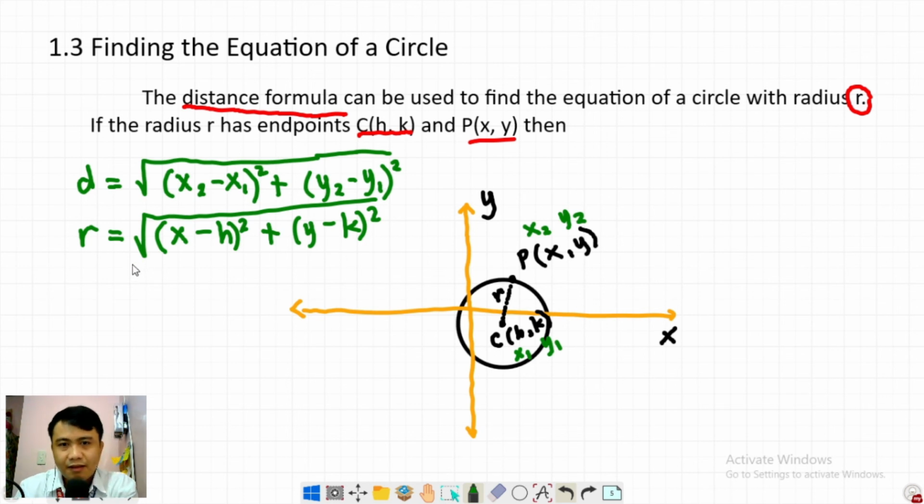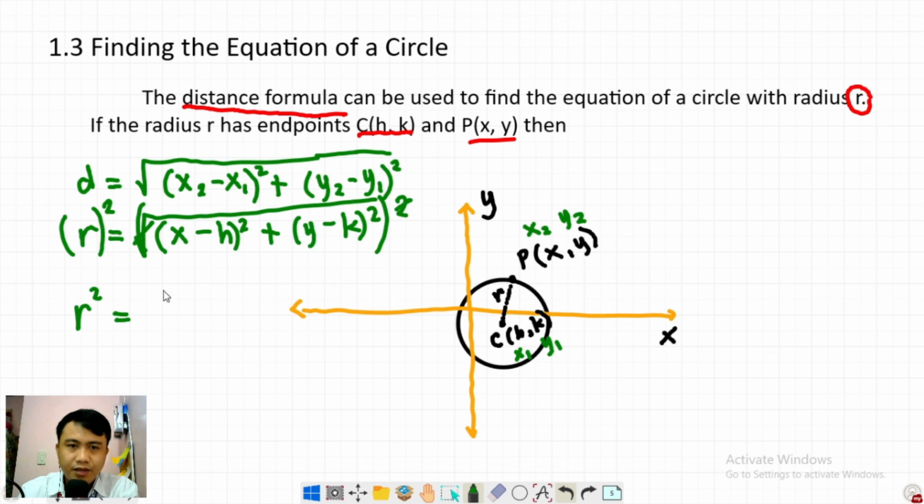So we have here this resulting equation, but mas maganda kung ayusin natin. I-manipulate natin how to remove the radical sign, the square root. Just to remove that, we're just going to square both sides. Square nyo rin ito, so this will become 1 times 2 is r squared. So cancel na po, alis na po yung ating radical sign.